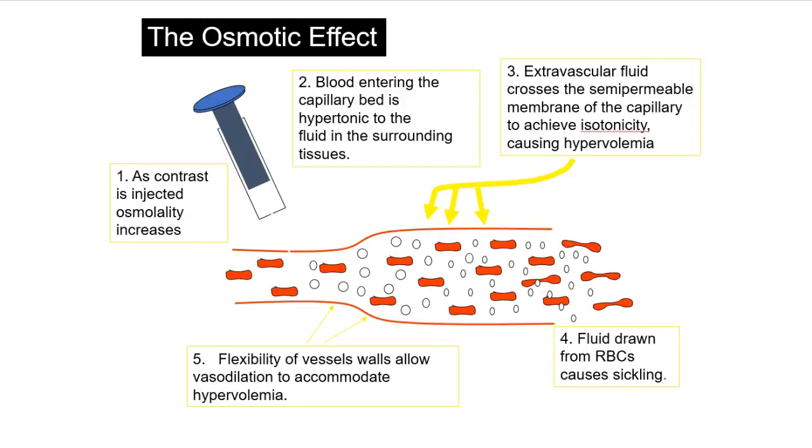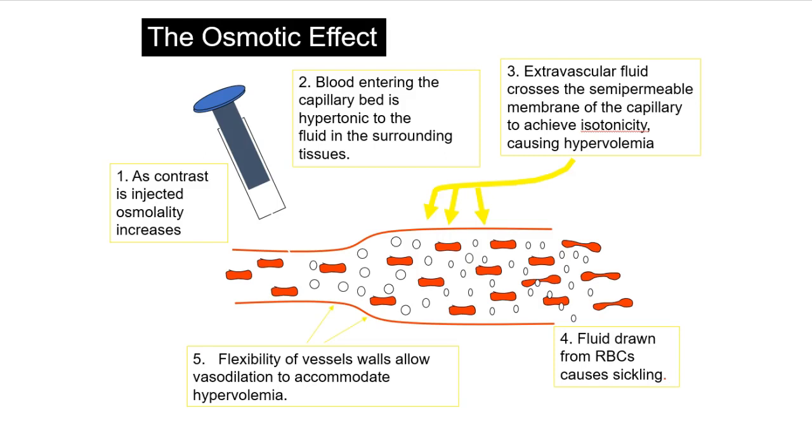So looking here, as contrast is injected, osmolality increases, blood entering the capillary bed is hypertonic to the fluid of the surrounding tissues, and extravascular fluid crosses the semi-permeable membrane of the capillary to reach isotonicity, causing hypervolemia.